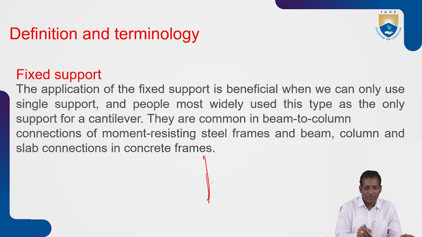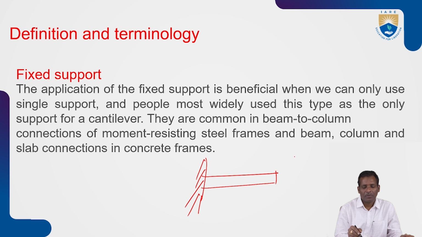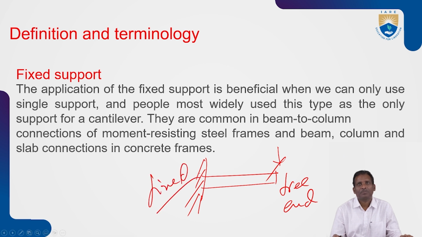So in a cantilever beam, we will discuss the types of beams later. One end is free, the other end is fixed. It is a cantilever beam. At the free end, the load will be applied, and the moment is at the fixed support.